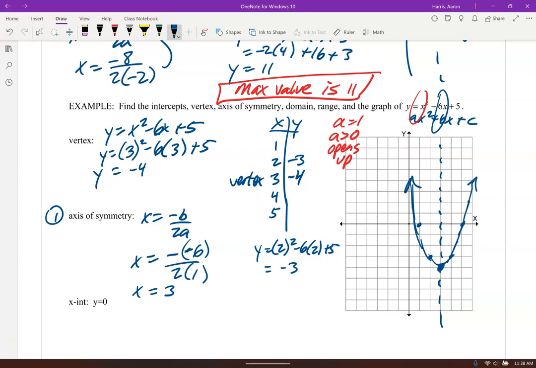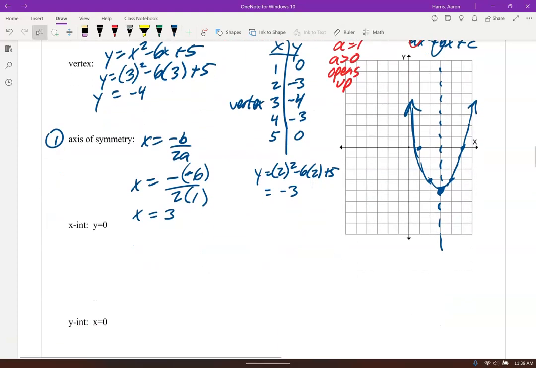Let's go ahead and formally find our x-intercept and y-intercept here. So to find the x-intercept, we go ahead and let y be 0. And we could plug it into our quadratic formula, x equals negative b.